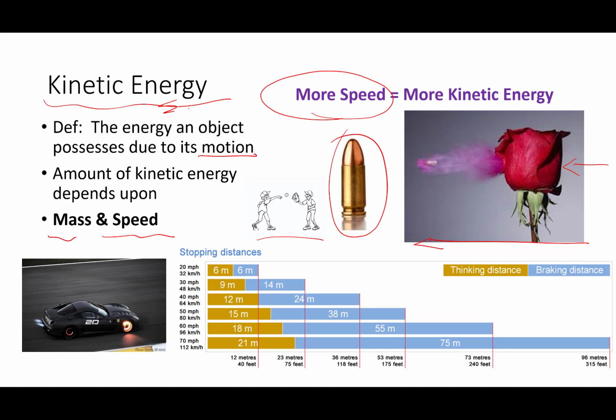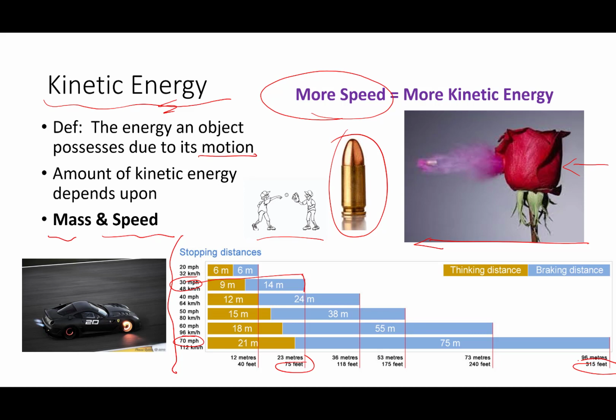Here's another example. When you look at stopping distances for an automobile, the faster you're going, the longer it takes: going closer to 70 miles an hour versus 30 miles an hour, your overall stopping distance is going to be 75 feet at 30 miles an hour. But at 70 miles an hour, your stopping distance is going to be closer to 315 feet.